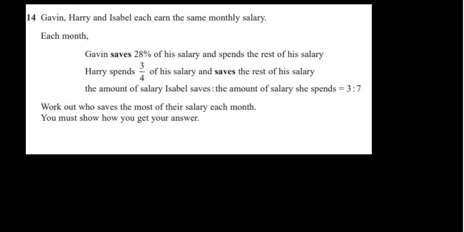And 300 divided by 4. So multiply by the numerator, divide by the denominator. I don't know why it's playing up.